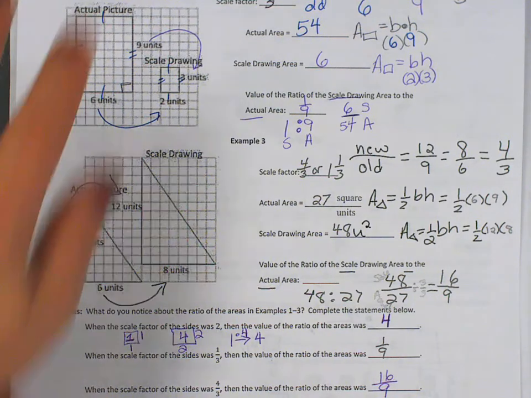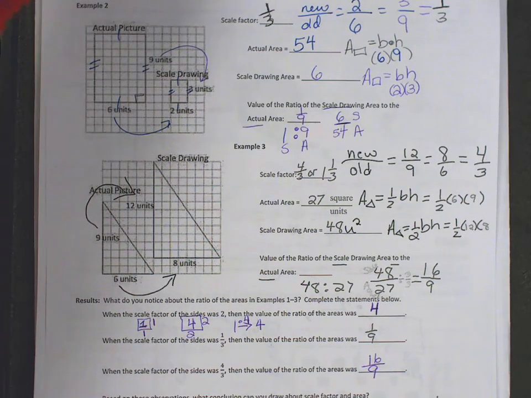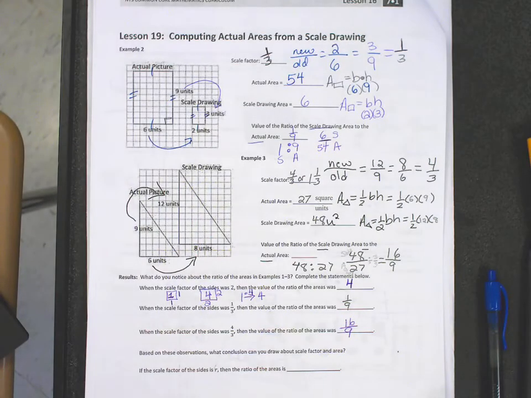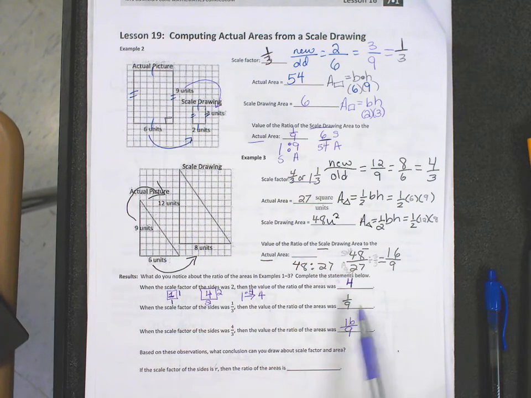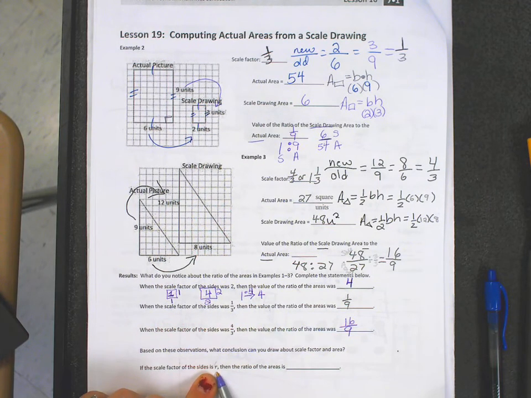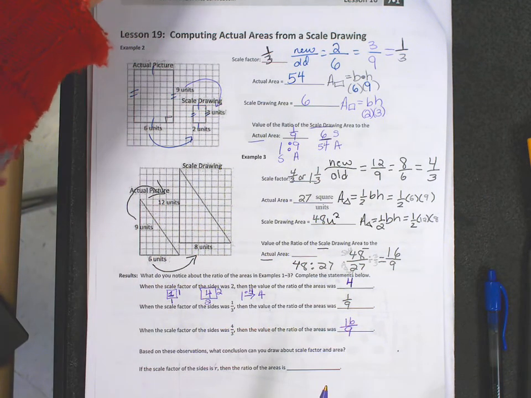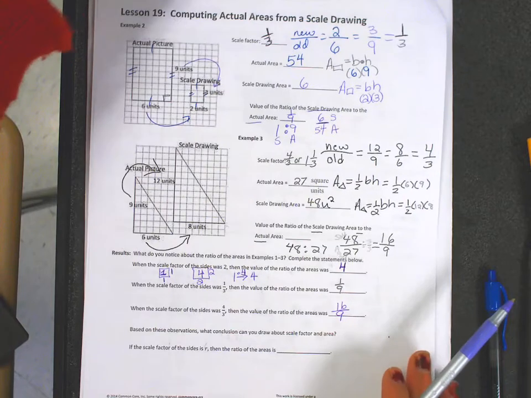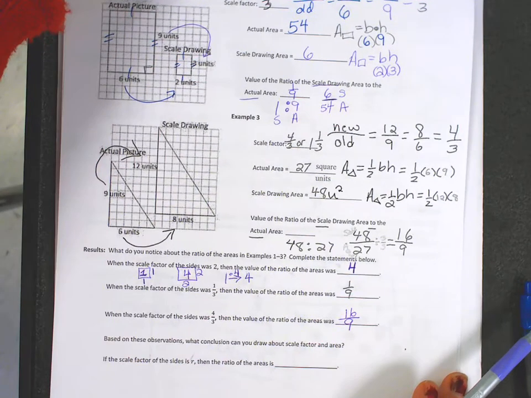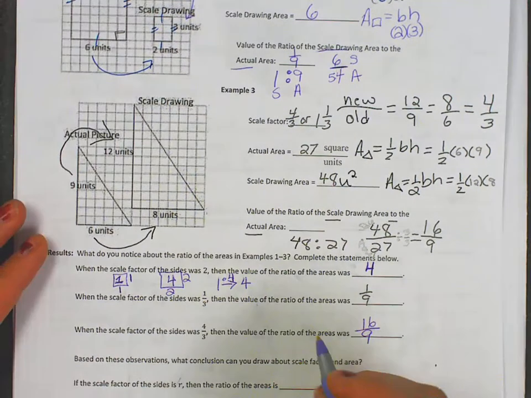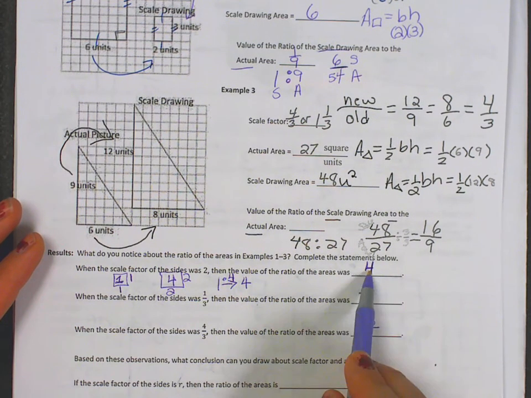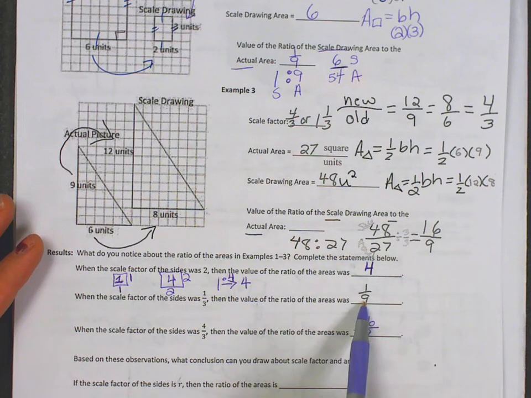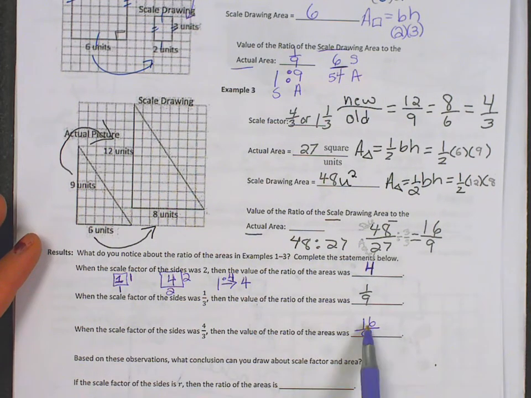So let's summarize this pattern here. What is happening? If I go from 1 to 4, 1/3 to 1/9, 4/3 to 16/9, any number I have, whatever I do to the sides is going to do what to the area? It is going to, let's see, 2 times 2, 1/3 times 1/3, 4/3 times 4/3.